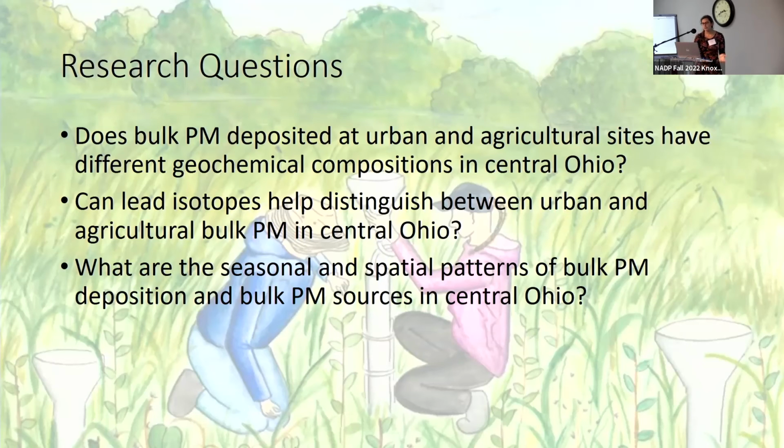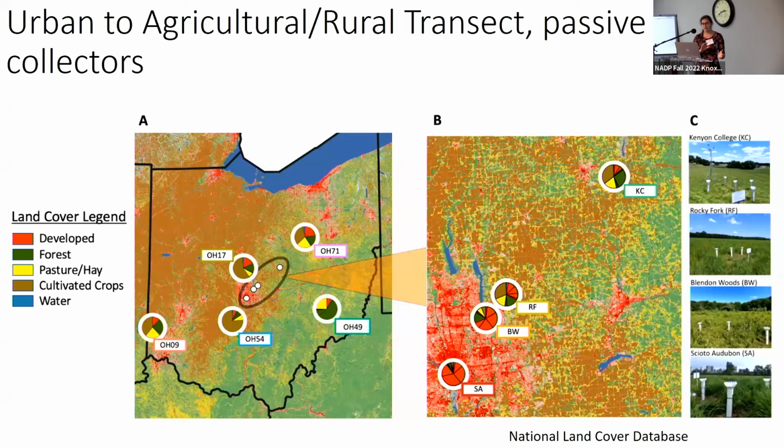Okay, so there are three different aspects of the methods that I want to highlight here. The first is thinking about the strength of having an urban to agricultural transect. On the left, for reference, these are the 5 active NTN NADP sites in Ohio, and the little pie charts are the land cover right around those sites.